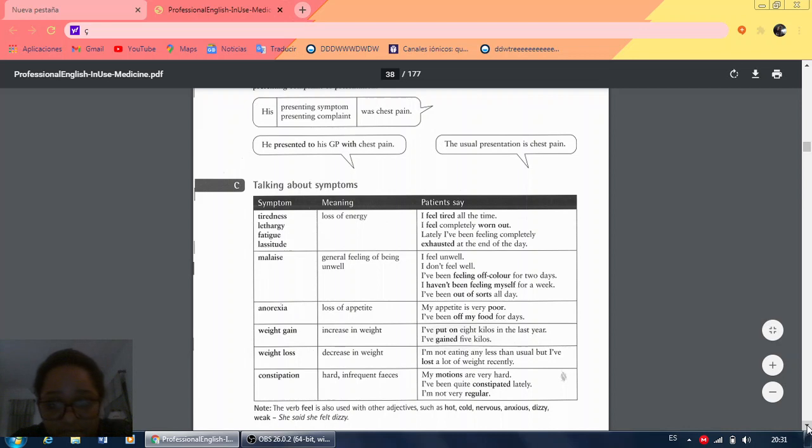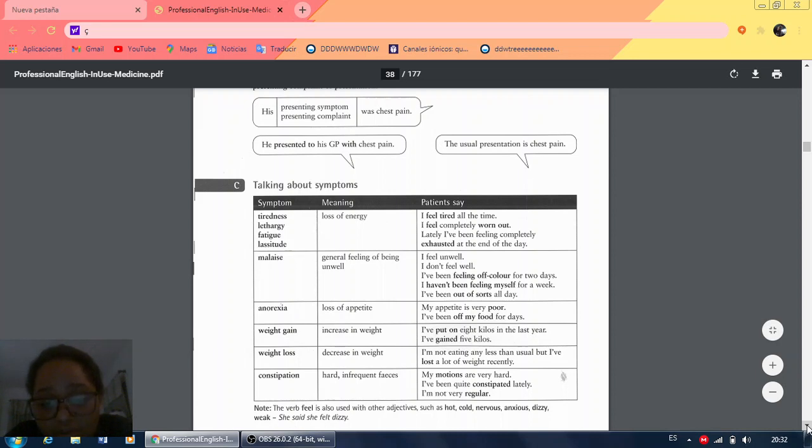Patient says: I feel tired all the time. I feel completely worn out. I feel exhausted at the end of the day. I feel well, I don't feel well. I have been feeling weak. I have been out of sorts lately.